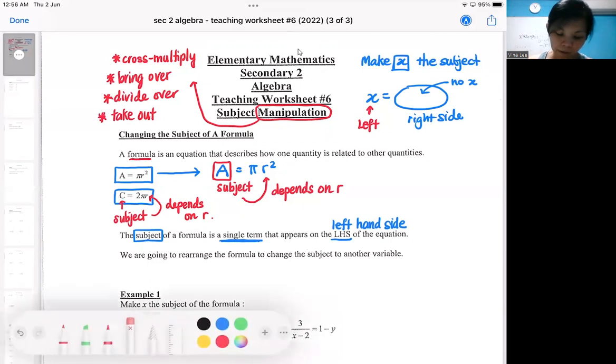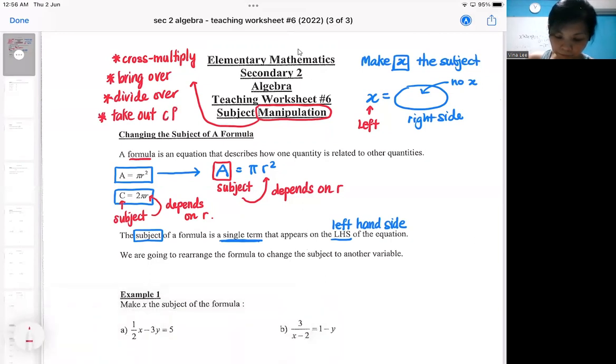That is your factorization. When we do subject manipulation, you want to reshuffle in such a way that your subject happens to be on the left, and on the right side, you shouldn't find your main subject anymore. The manipulation involves a lot of algebra technique. Some of the common ones will be cross multiply, bring over, divide over, and take out common factor.